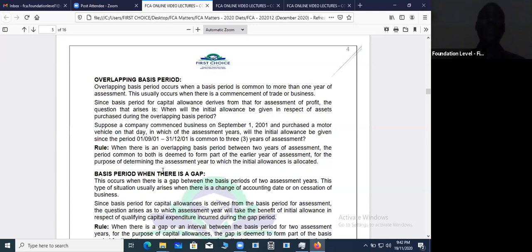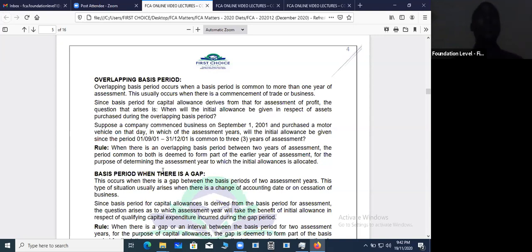So that means whenever you are comparing year 1 and year 2 in commencement, and there is an overlap, that overlap period is deemed to belong to just year 1. That means year 2 will start 1 day after the overlap has ended.